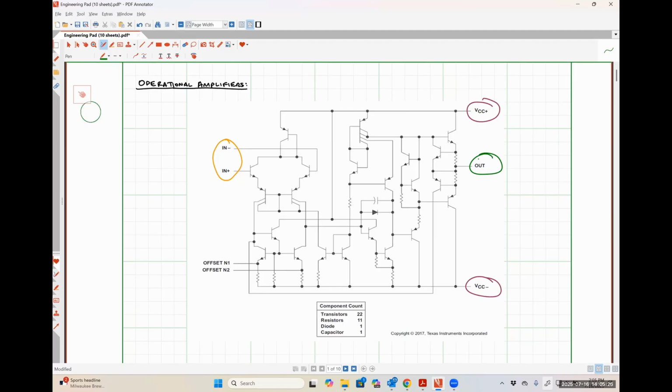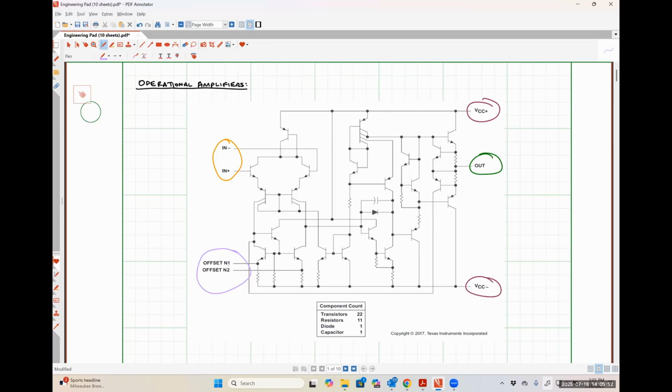And then lastly over here, these are the ones that are least important to us. This is our offset null 1 and offset null 2 pins. Not all op amps actually have these pins, but they are there to correct for small manufacturing errors that occur within CMOS fabrication processes.